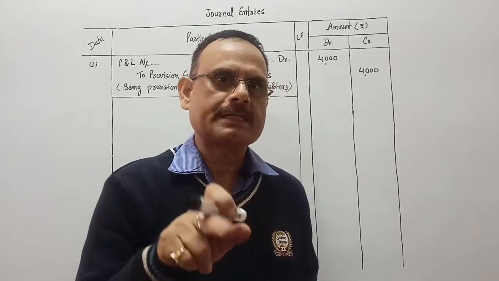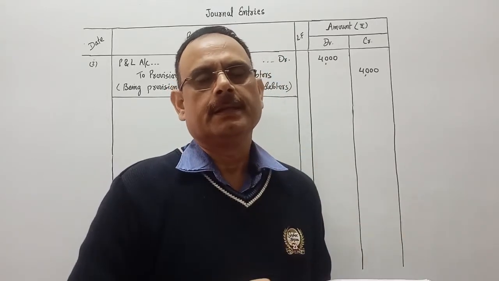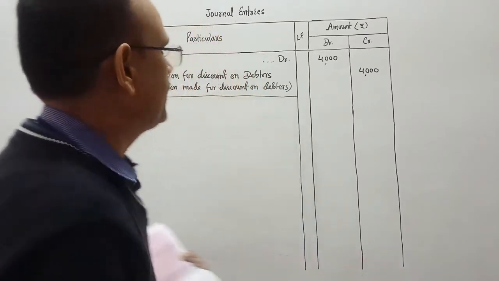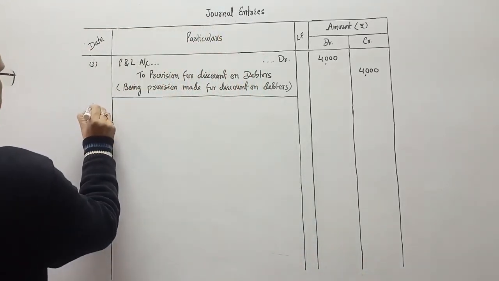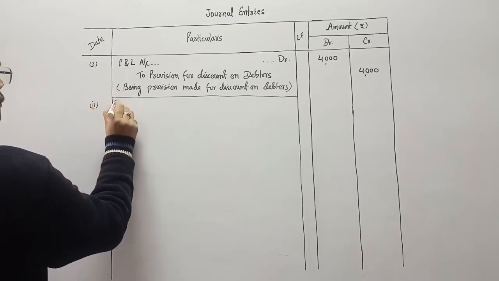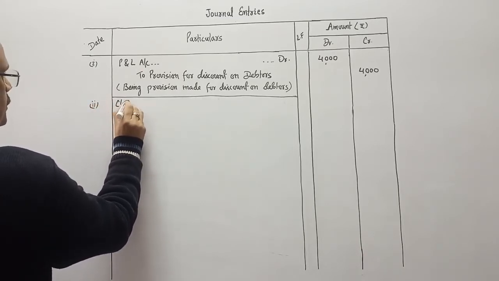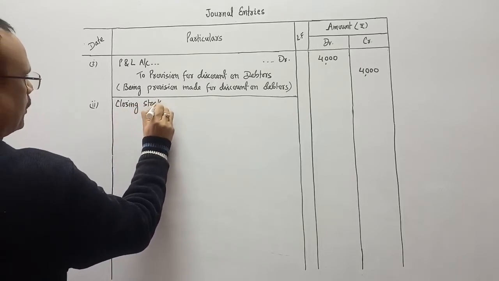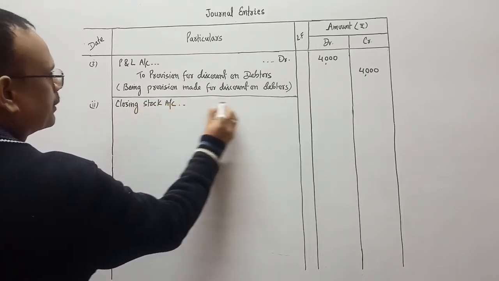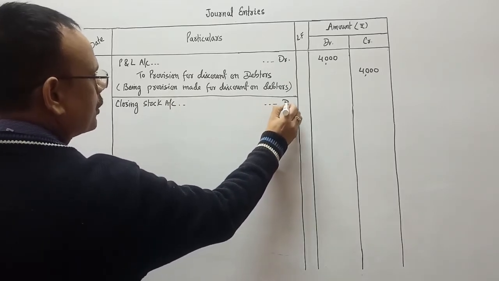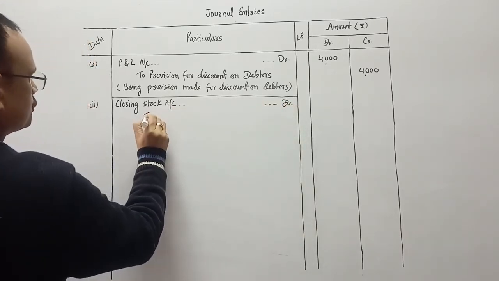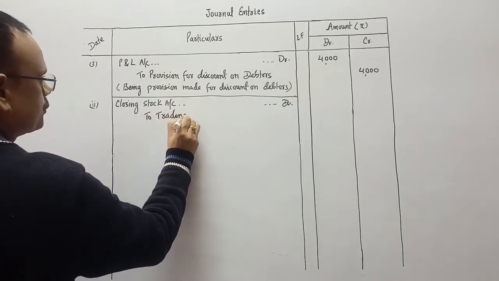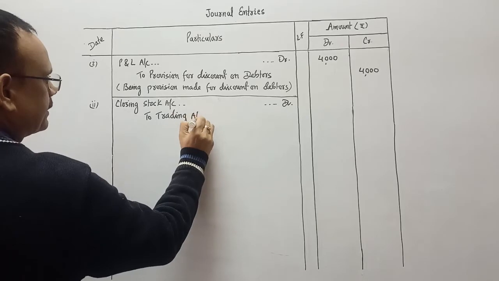If closing stock is given in the adjustment, then closing stock is transferred to the trading account. So the entry will be closing stock account debit to trading account. This is transferred to the trading account credit side.